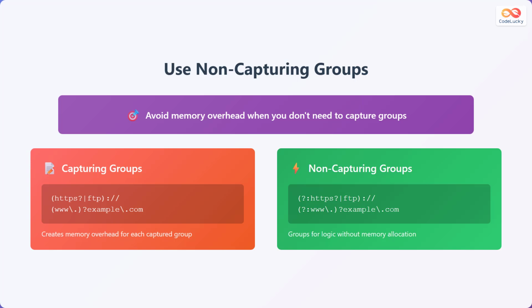Instead, use non-capturing groups: (?:https|ftp)://(?:www)example/. These groups are for logic without memory allocation.